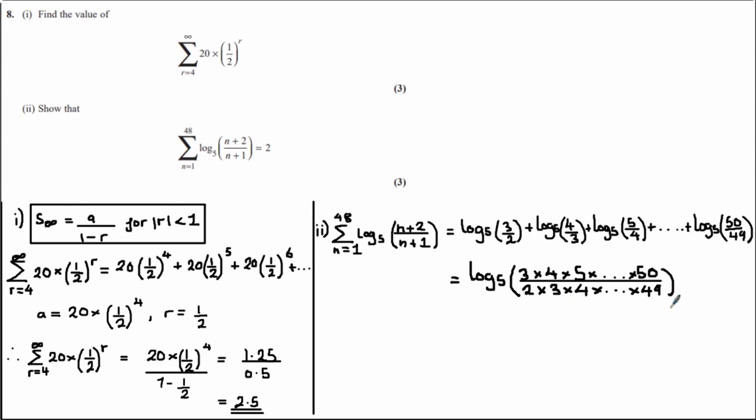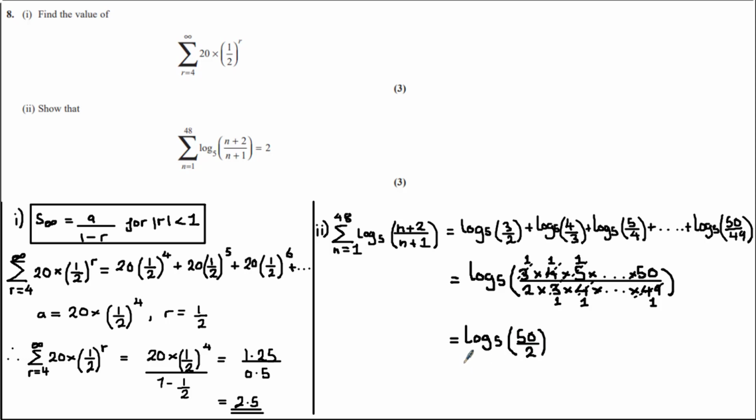And thankfully there is some cancelling that we can do inside of the brackets. You'll notice that the 3's cancel, the 4's also cancel, and in fact every value in this multiple cancels apart from the 50 and the 2. Okay? And therefore this is equal to the log base 5 of 50 over 2, which is equal to 25 in here.